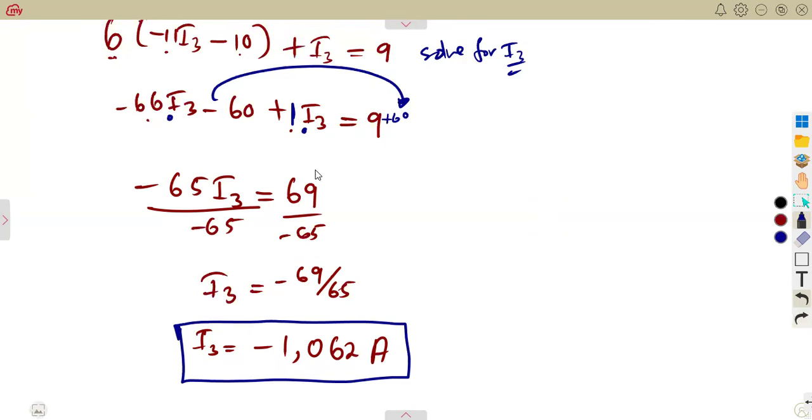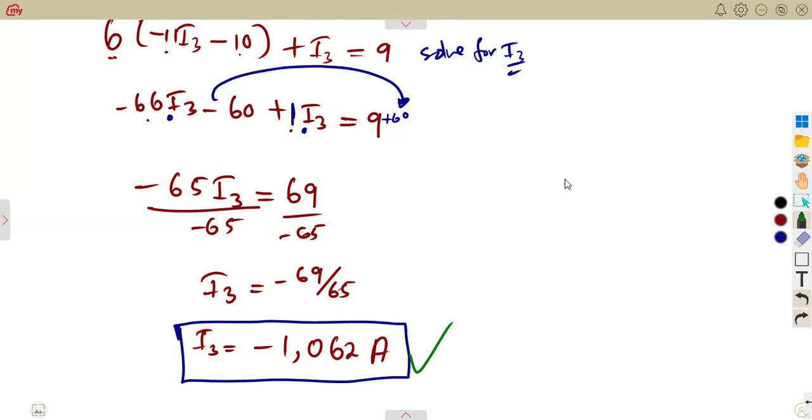So now that we have obtained this current I3, what are we going to do? We have to look for an equation that consists of I3 with another current being the subject. Maybe it's I2 in terms of I3.